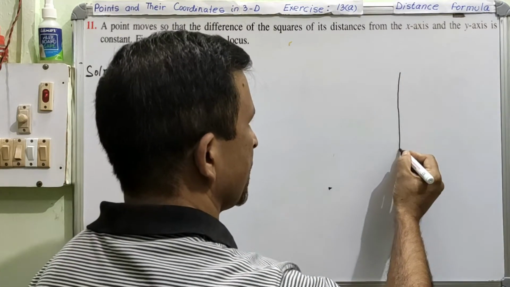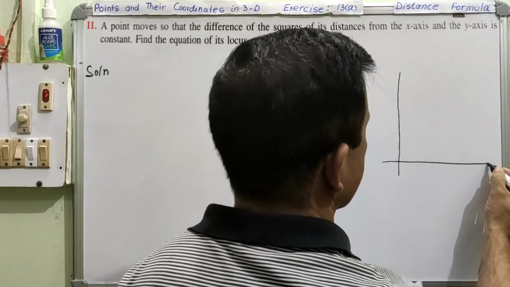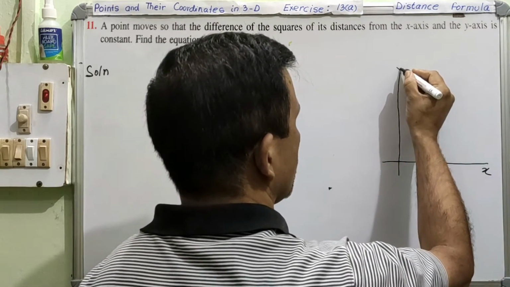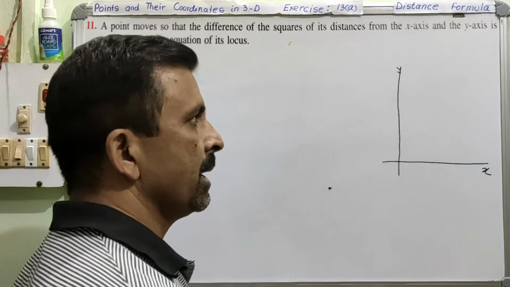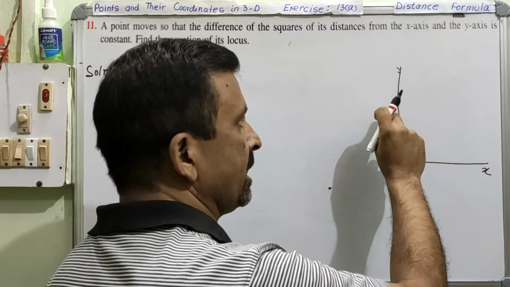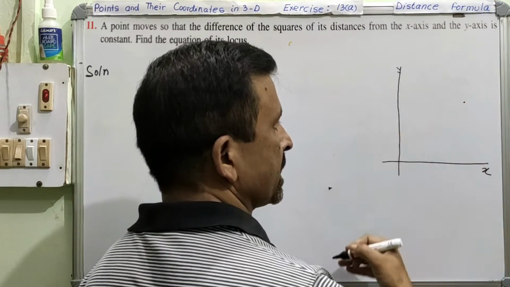This is x-axis and this is y-axis. Now there is a point which is at equal distance from x-axis and y-axis. So suppose that point is this. This is the location of the point.